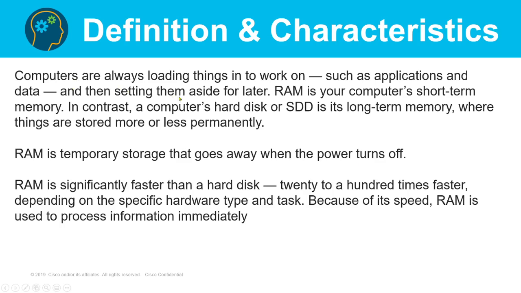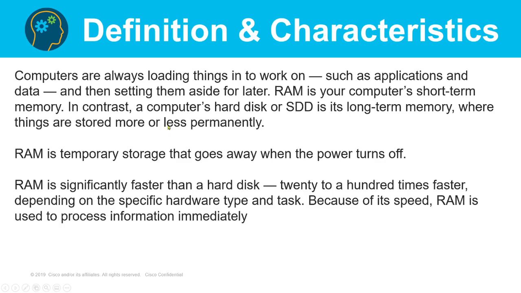So computers are always loading things to work on, such as applications and data, and then setting them aside for later. RAM is your computer's short-term memory because it only works when there is power. If you remove the power, your data will vanish.